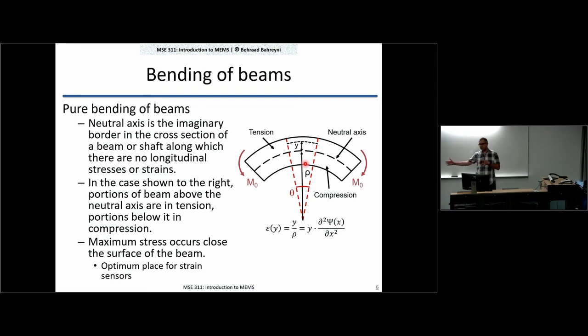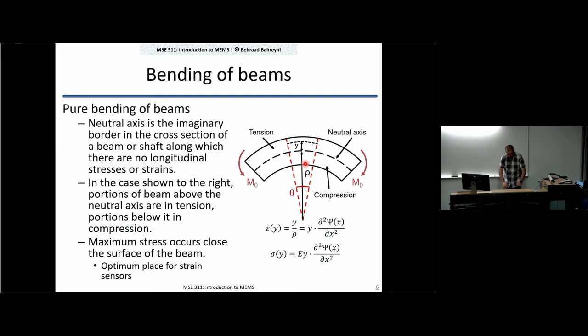So in macro scales, if you look it up, this is where you put your strain gauge. You attach it close to the base, on the top surface or bottom surface of the structure, not only because you don't have access to the inside of the structure, but another main reason is that these are the best surfaces in terms of the signal strength that you get.